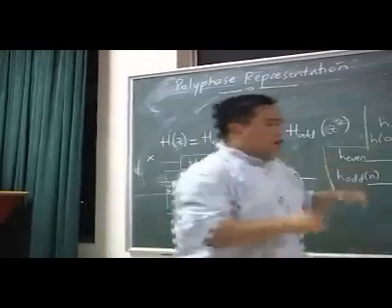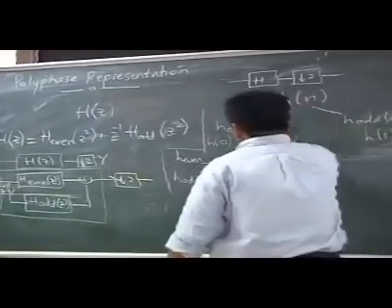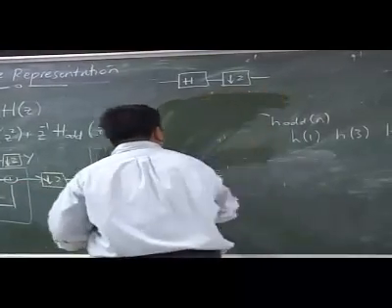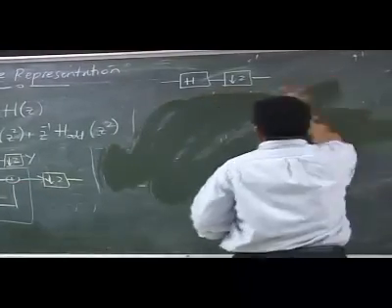So basically I'm going to redraw this after moving this block to this side using the first noble identity. Okay, so I'm going to erase this part right here and write the equivalent structure using the first noble identity.